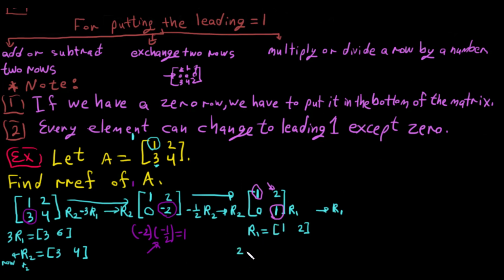So 2 row 2 equals 0, 2. Okay? So now we understand we have to multiply this row by 2, then subtract it. So we have to write here minus 2R2. Okay? We have to do this.